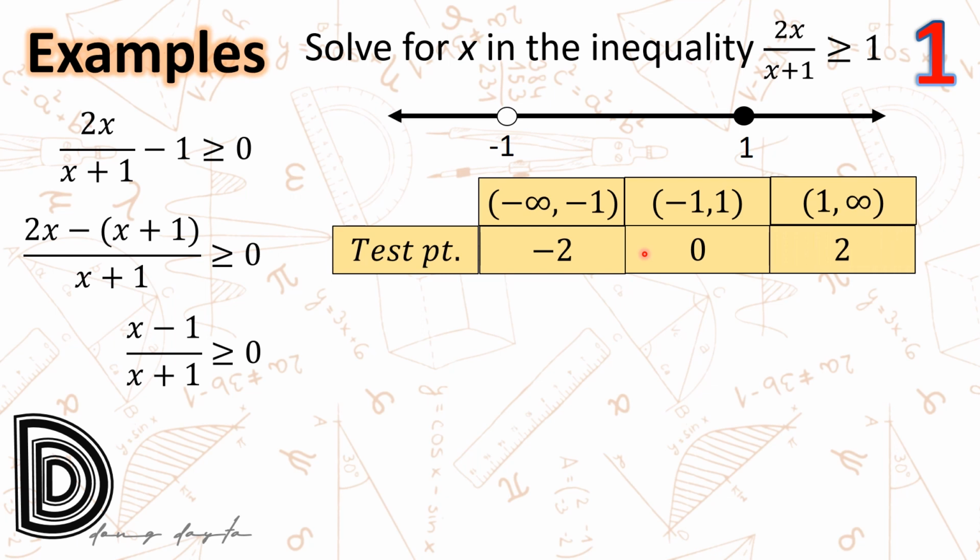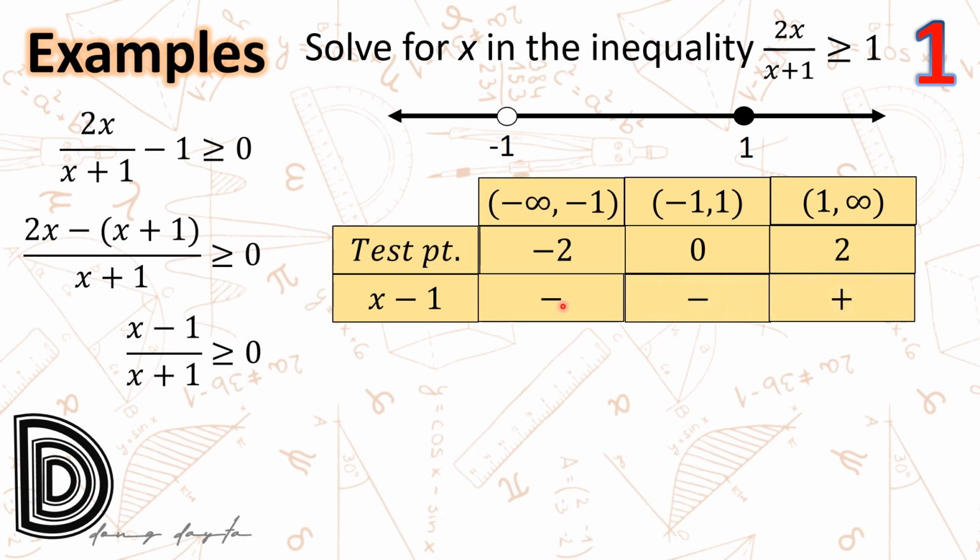Then we'll get the factors in the numerator and denominator of our rational expression. We have x minus 1. So we're going to get the signs of the expressions in each of the intervals by substituting the test point into the expression. So negative 2 minus 1, that is a negative value. 0 minus 1, negative. 2 minus 1 is positive.